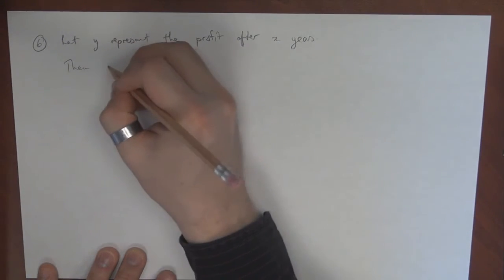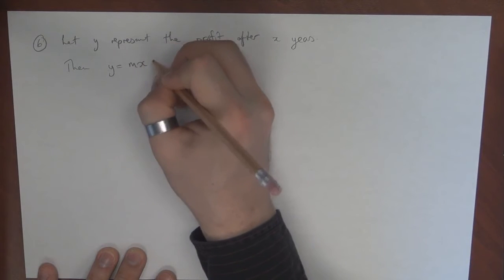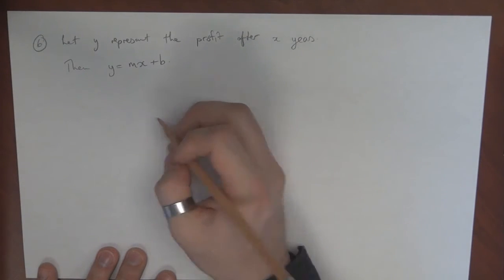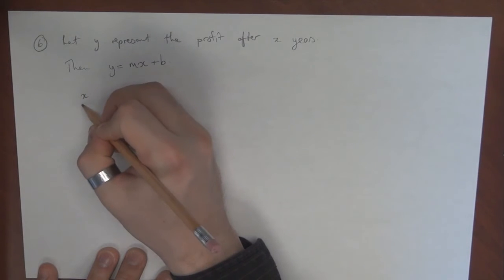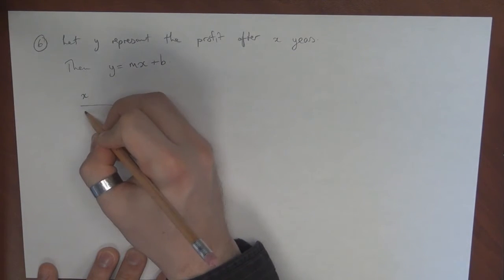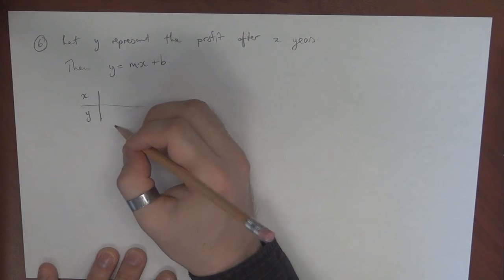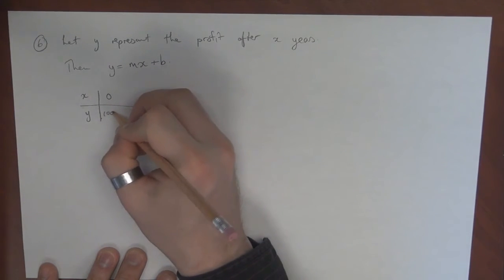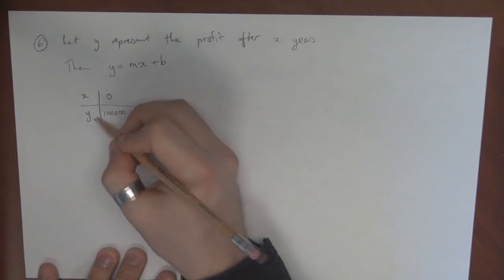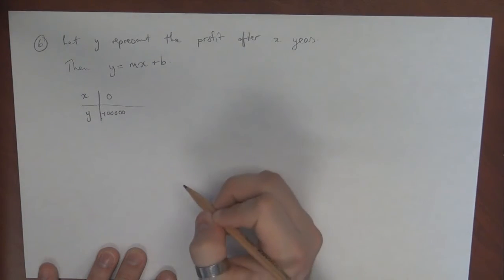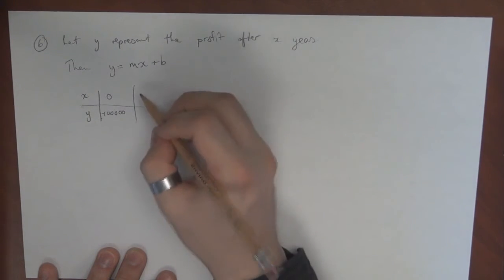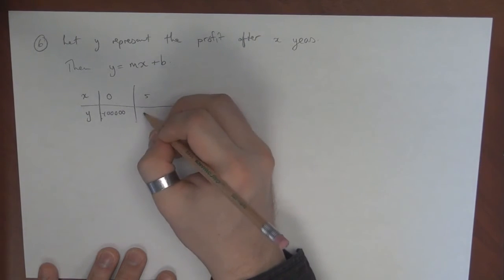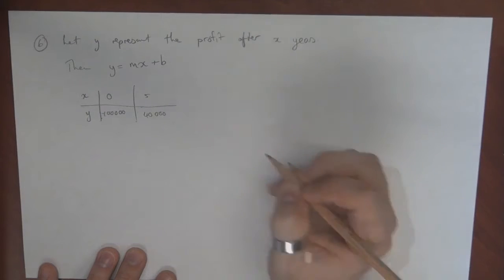So then they tell me that y equals mx plus b, straight line, linear equation. So now what do they give me? They give me pairs of values. They tell me that she starts her business with 100,000 in debt, so that's negative profit. And after 5 years, she has accumulated a profit of 40,000.